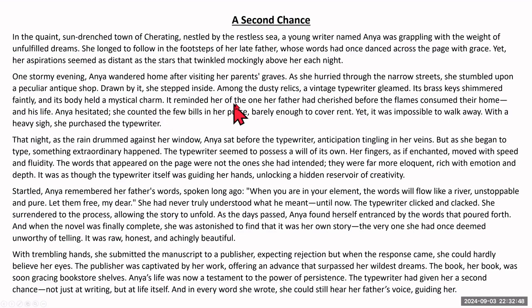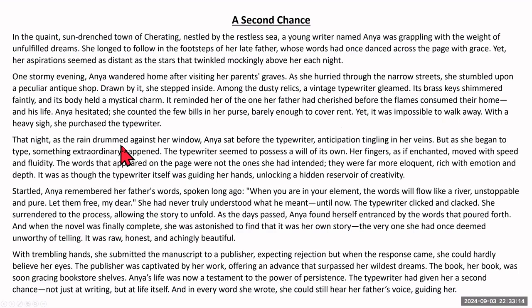It reminded her of the one her father had cherished before the flames consumed their home and his life. Anya hesitated. She counted the bills in her purse, barely enough to cover rent. Yet it was impossible to walk away. With a heavy sigh, she purchased the typewriter.